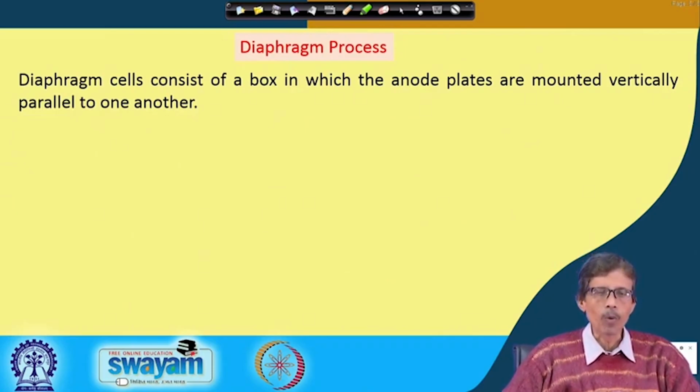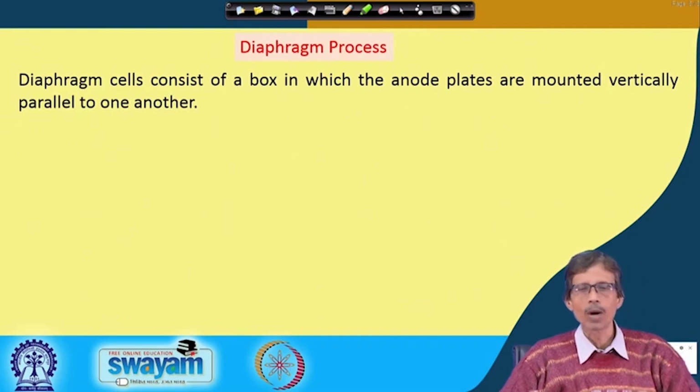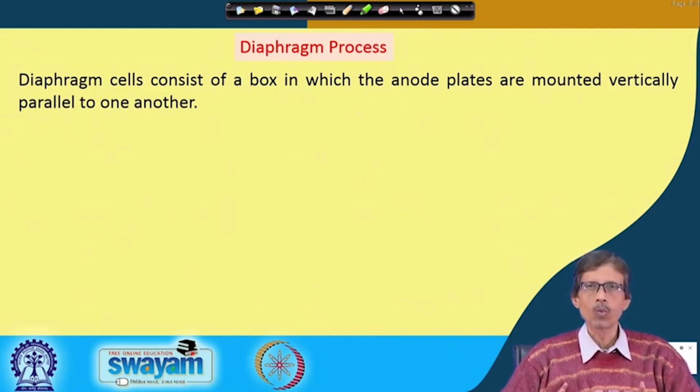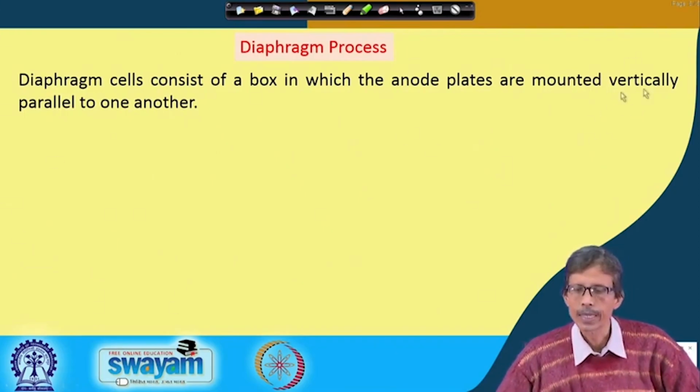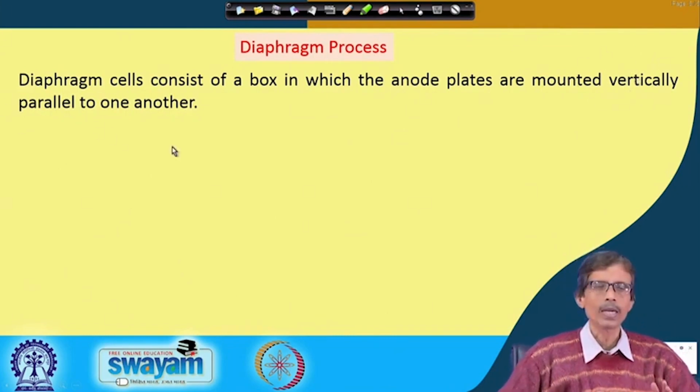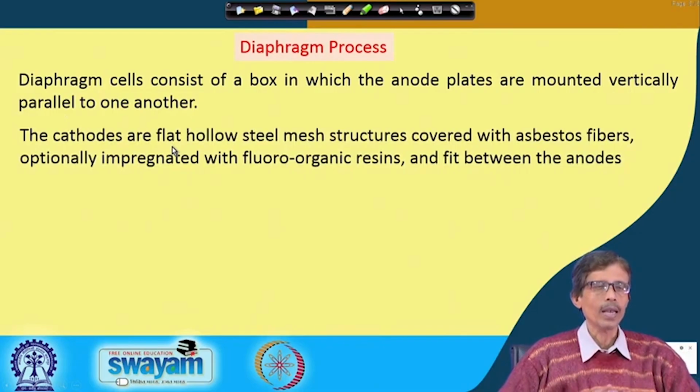It is nothing but a box in which the anode plates are mounted vertically, parallel to one another. So, now we are going back from electrodes in a horizontal direction to a vertical direction. For this case we will have vertically parallel electrodes in the cell.